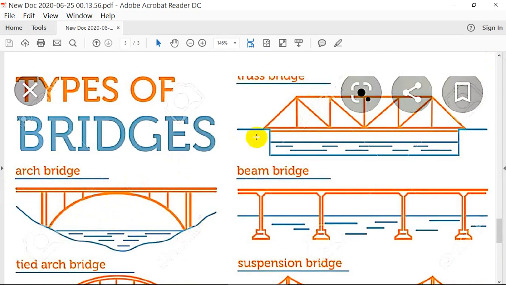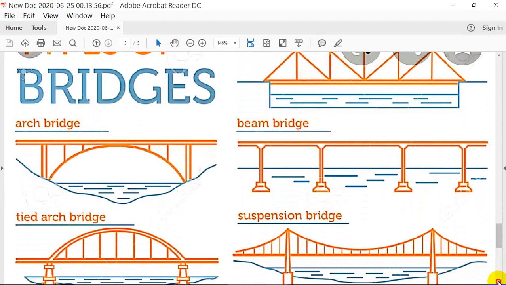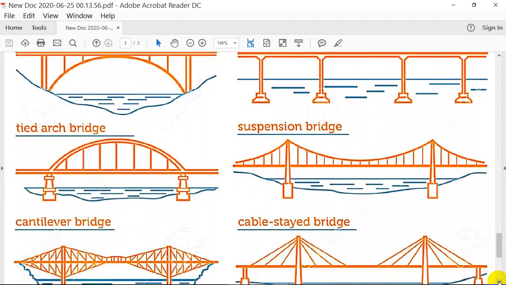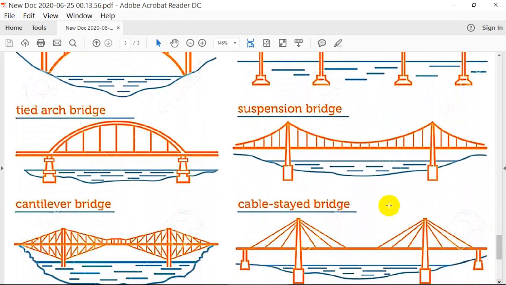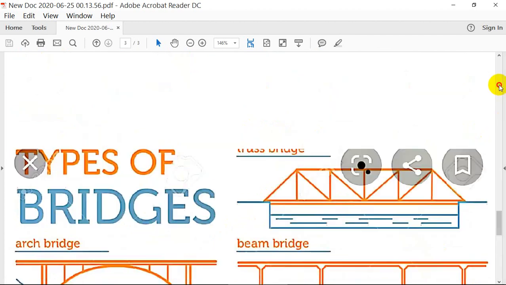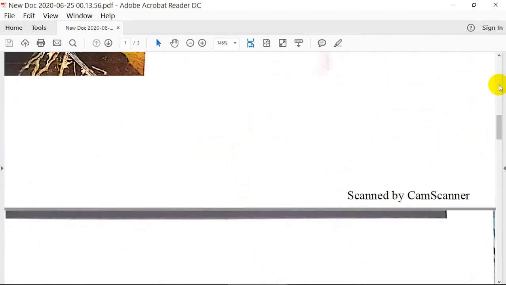And then we have another one, the truss bridge, which has a similarity with the beam bridge. And then for arc bridge, we have the tied arc bridge. But among the modern bridges in the world we have the suspension bridge and the cable stayed bridge. Also we have the cantilever bridge. So we are going to come back to our lesson to match them.